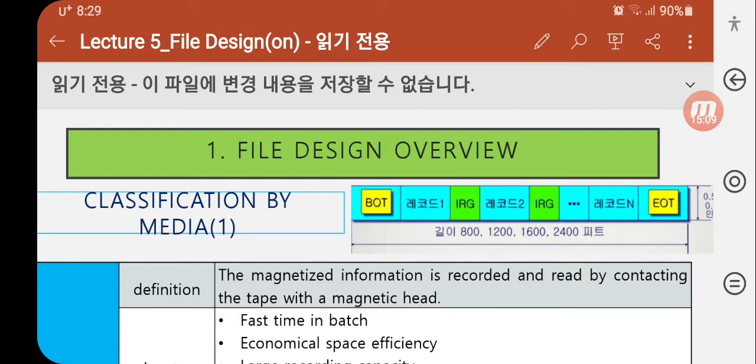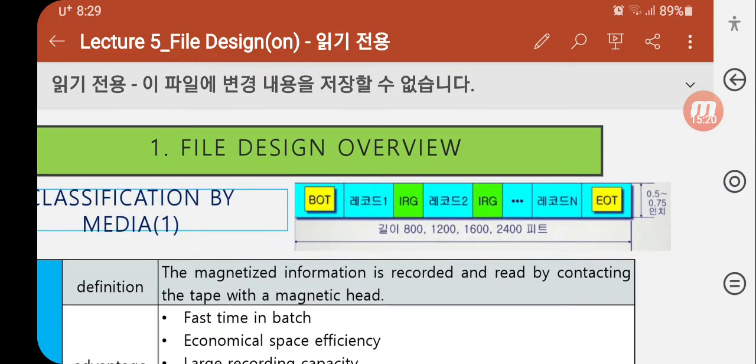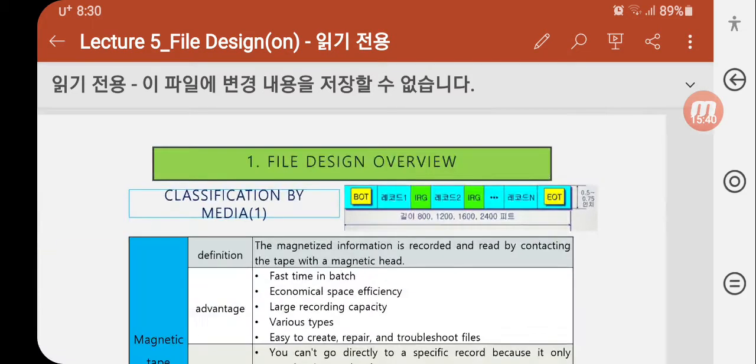Record 1, IRG, inter-record gap, record 2, IRG, and record N, and last, end of tape. Tape width is 1.5 to 0.74 inches.